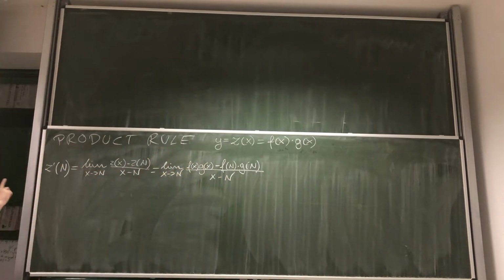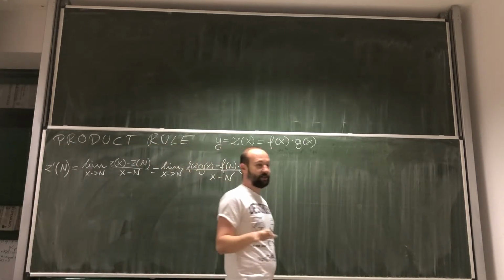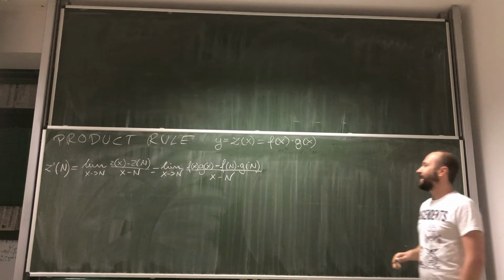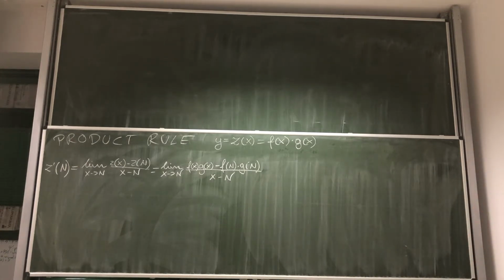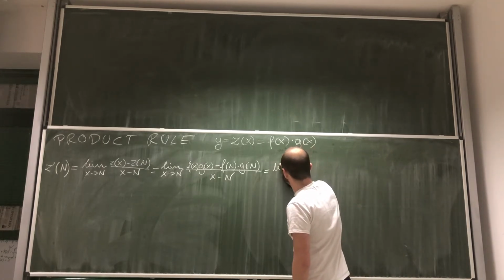Okay, it does not look like something we can do much with at the moment, but what I can always do is add 0. What do I mean by that?